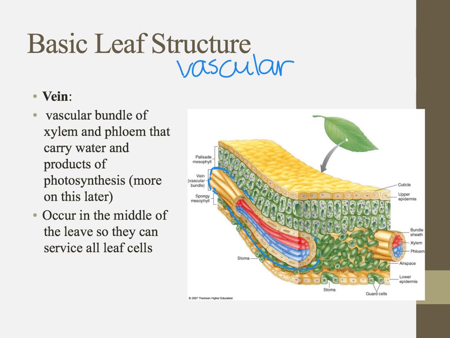It contains the xylem and the phloem. We're going to talk a lot more on that later. We do need to know that they're going to occur in the middle of every leaf, okay, so that they can service all leaf cells. These guys are going to carry in the water that we need, and they're going to carry nutrients around, okay? So they're just like the vascular system in humans.